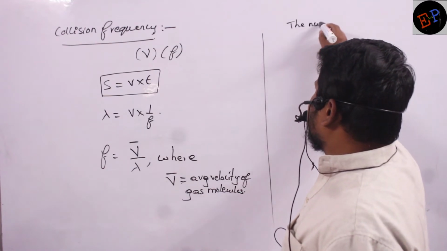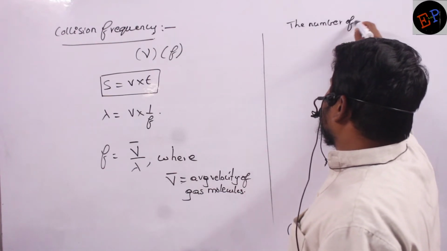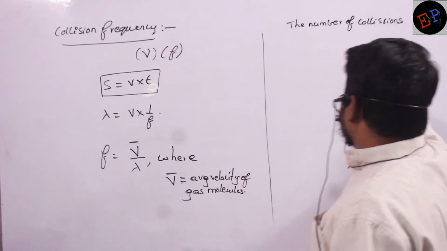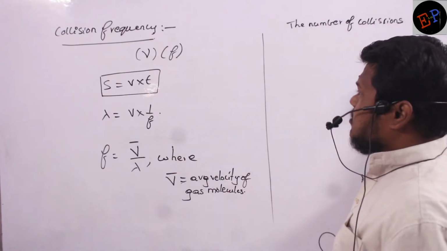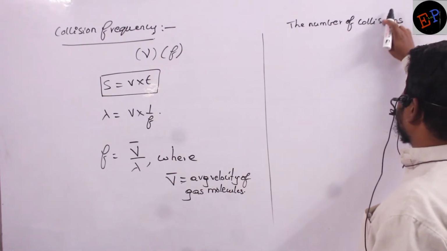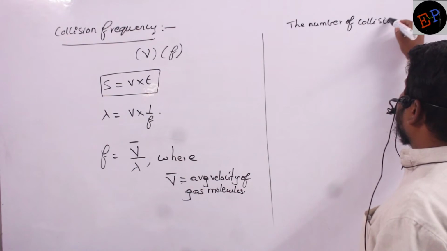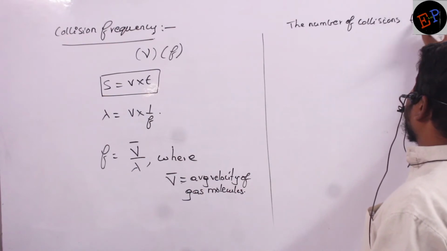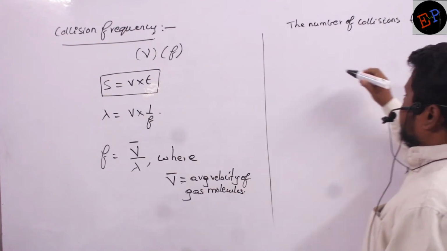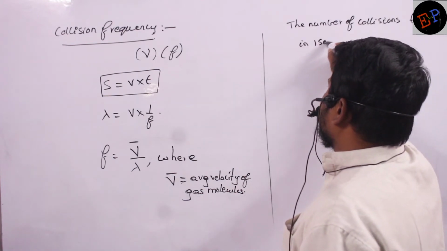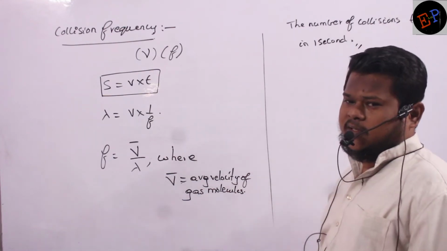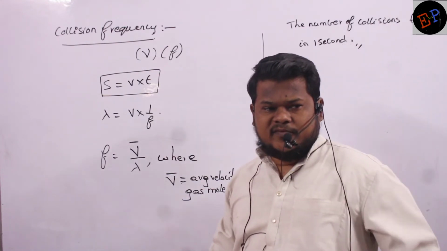The number of collisions taking place in 1 second. How many collisions a molecule is undergoing in 1 second is called collision frequency.